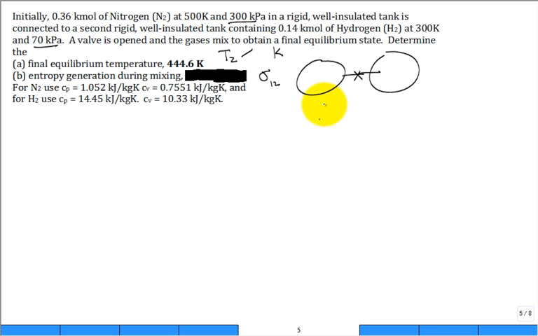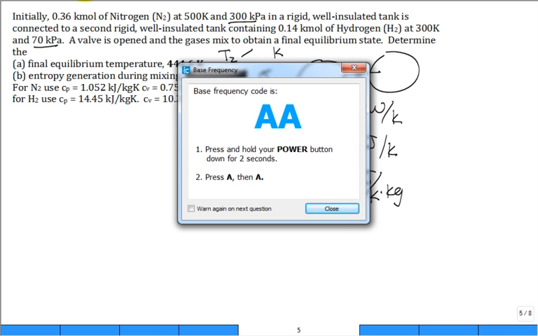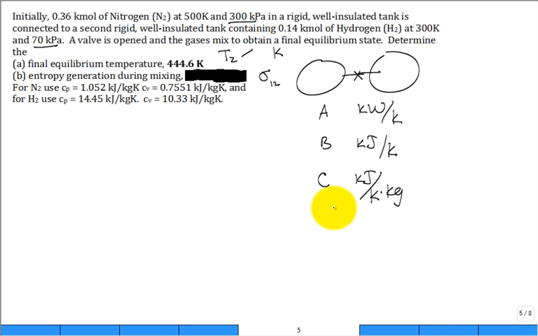Would it be answer A, kilowatts per Kelvin, answer B, kilojoules per Kelvin, or answer C, kilojoules per Kelvin kilogram? And we're off and running. You have a question?